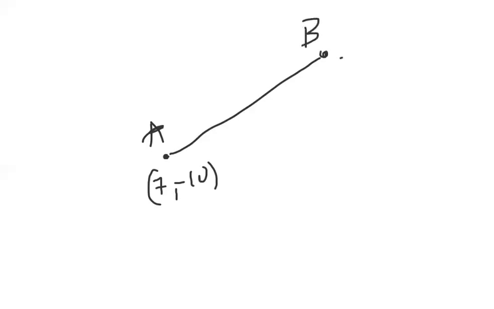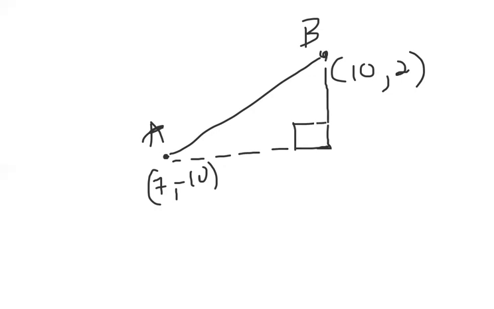And then up to this point right here, which is point B at 10, 2. So we have to figure out the slope of this segment AB.